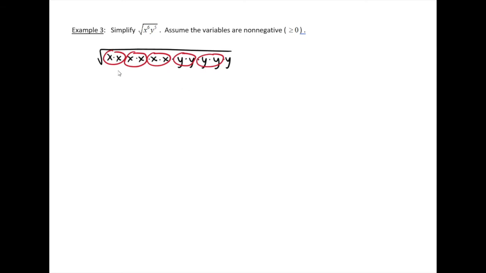And each of these pairs of factors will be a perfect square from our original expression. So when we take the square root of each of these perfect squares, we will get just a single factor of x and a single factor of y.